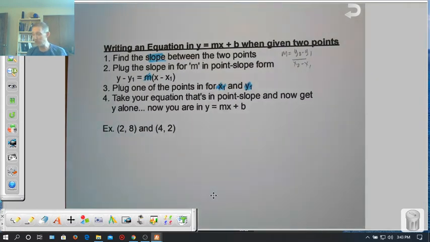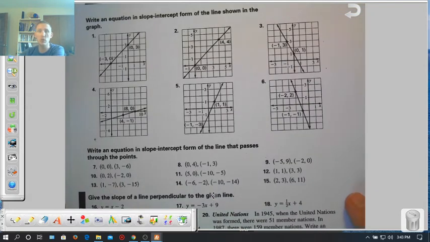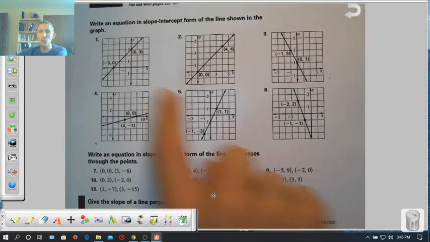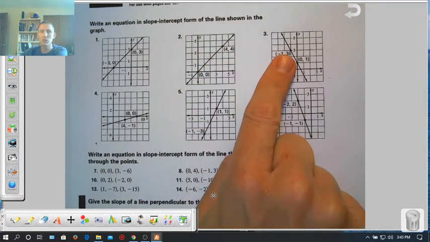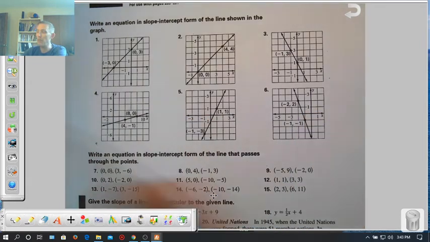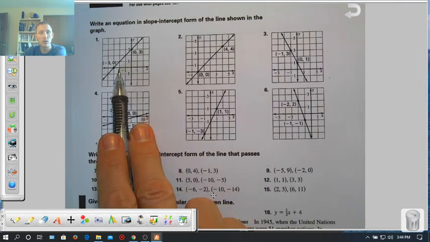Now before we do the example, one of the things we need to understand is how the clues are going to be given to us. On the assignment that you guys have here, there's going to be 2 sections, and we're going to be doing sections 1 and 2, 1 to 15. In section 1 through 6, they're giving you the graph, and what you need to see is that the points are in the grid.